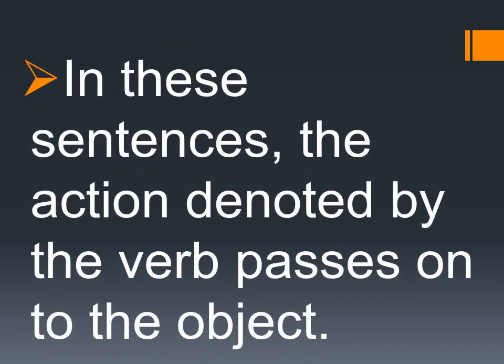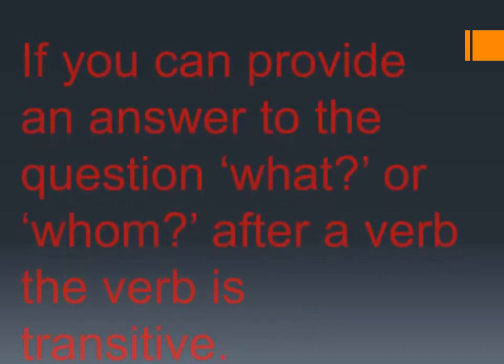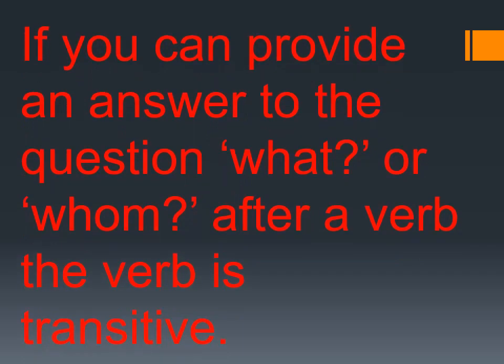In these sentences, the action denoted by the verb passes on to the object. When there is an object, that is called transitive verb. If you can provide an answer to the question what or whom after a verb, the verb is transitive. Otherwise, it will not have its object and the verb will be intransitive.